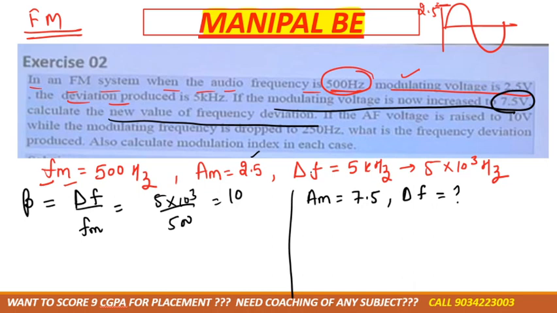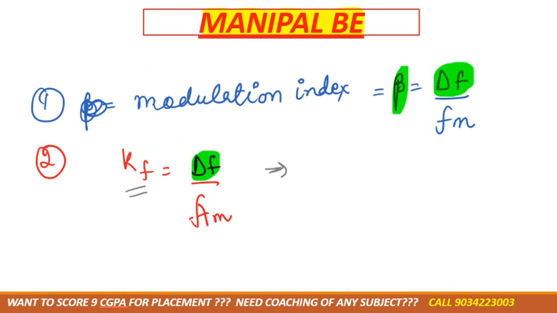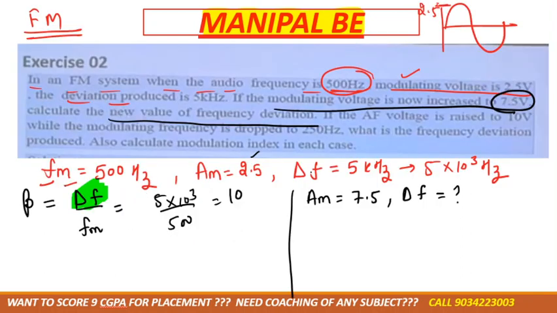So now back to the formula. If we want to calculate delta F, we should know Am and we should know KF, right? KF is equal to delta F over Am. We need to calculate delta F, right? Am is 7.5 in the new case.